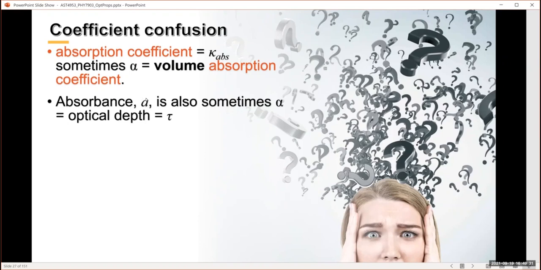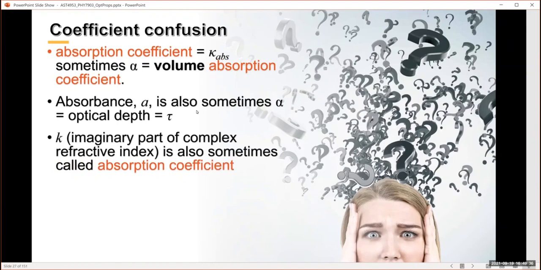So it is that power that is defining how much light is lost. We also have this letter K that we use for opacity, but it's also used for the imaginary part of the complex refractive index. Again, we'll get into this in more detail later. And that is also sometimes called the absorption coefficient.